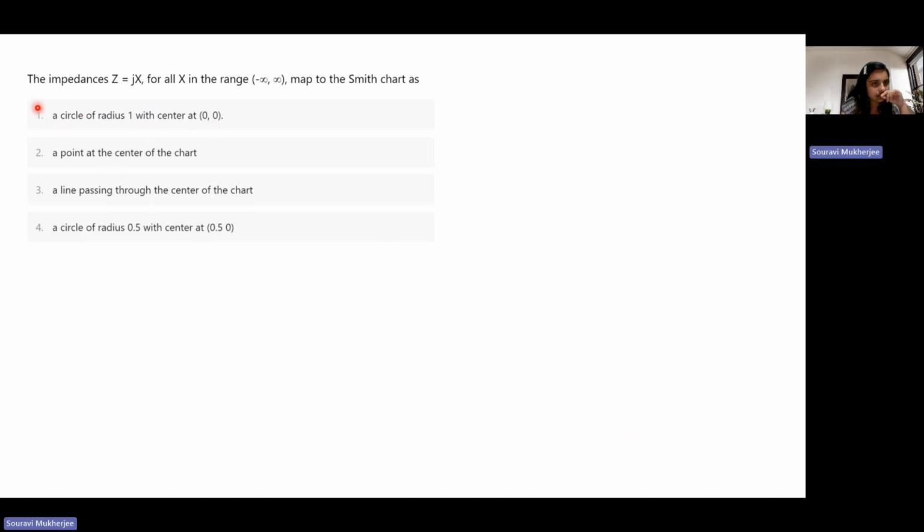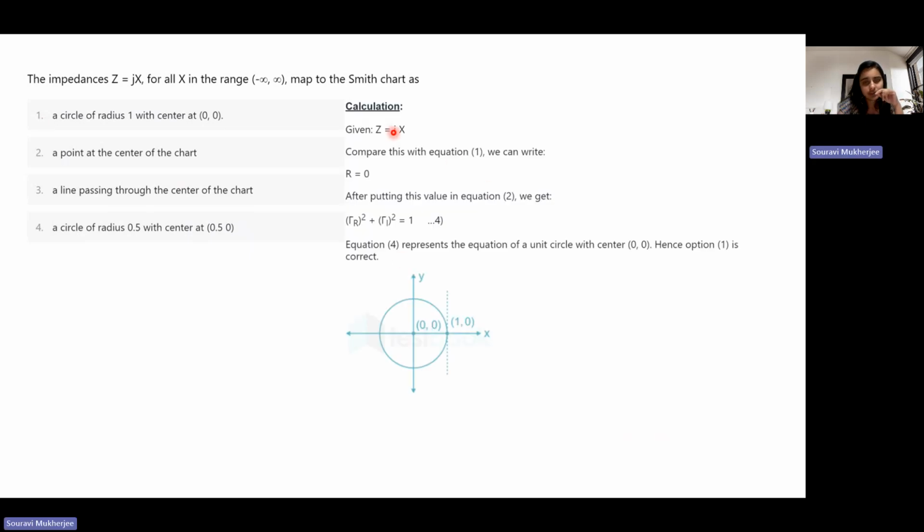So the first option matches, right? Clear? You can also solve it like this. Put Z equal to jX, so R is equal to 0. If you put that in the equation that we just discussed, you would get this form, which tells us how it looks. So the answer is 1. These are very straightforward questions based on how one can use the Smith chart to represent reactances, impedances, and so on.